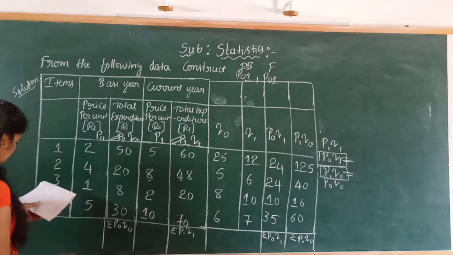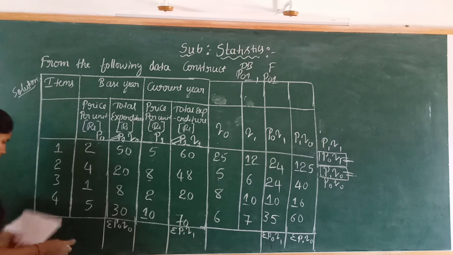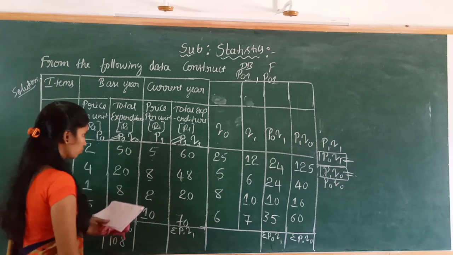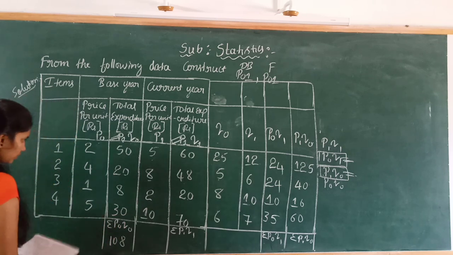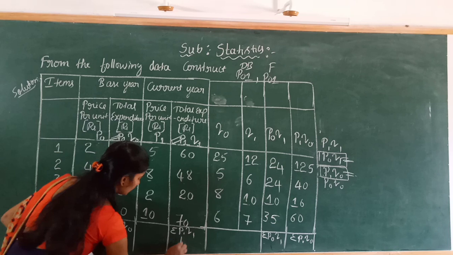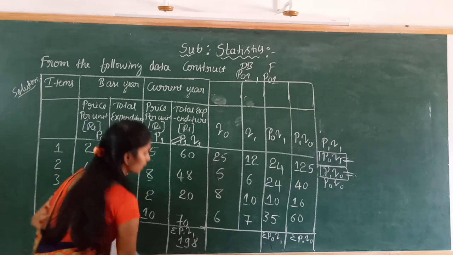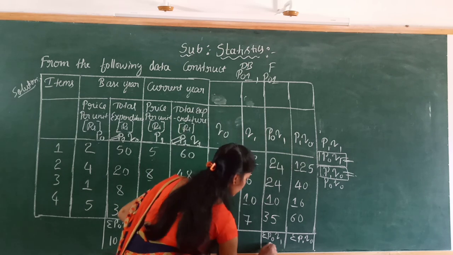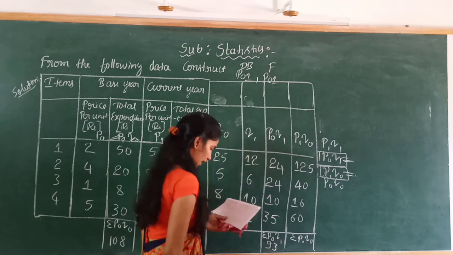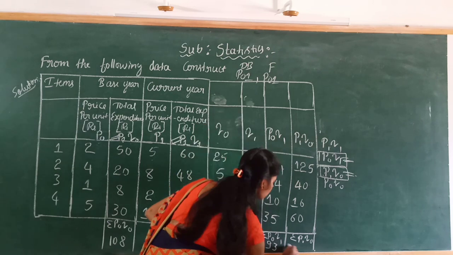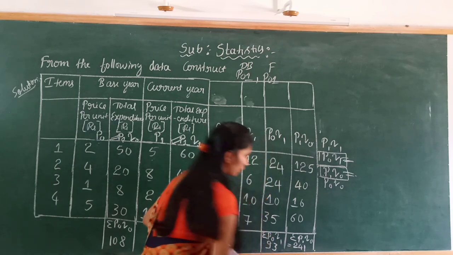If you add the P0, Q0 values, the answer is 108. Next is P1, Q1. The P1, Q1 value is 198. Next is the P0, Q1 value, which is 93, and the P1, Q0 value is 241.